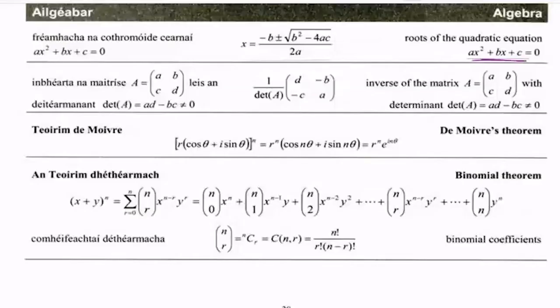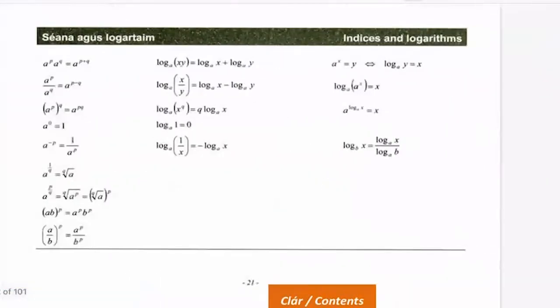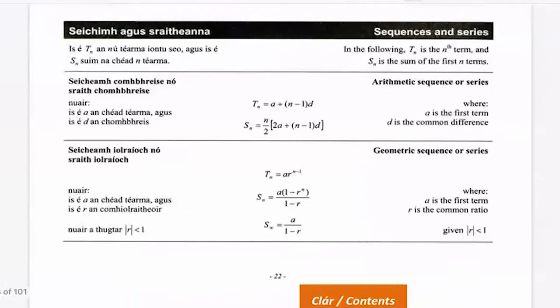Okay, so if I go to my log tables and I go to the sequence and series page, you can see I have 2 types, an arithmetic sequence and a geometric sequence. So this one is a geometric sequence. And down here on the bottom are 2 what we call SN formulas, SN being the sum of the first number of terms. This SN is the sum of whatever your n is. It could be 2 terms, 3 terms, whatever.